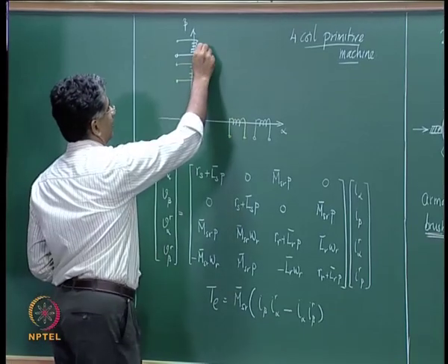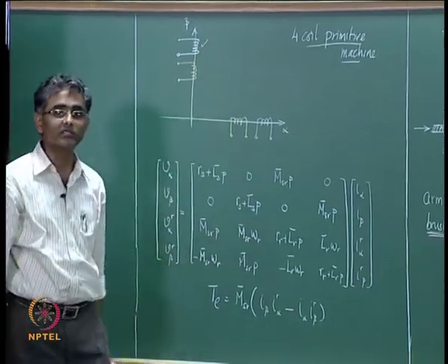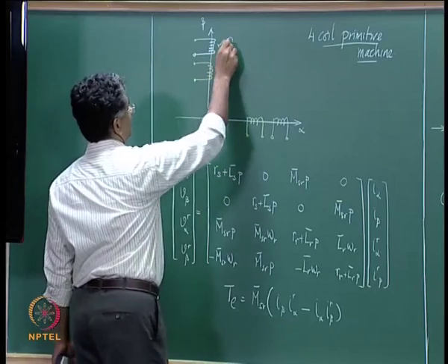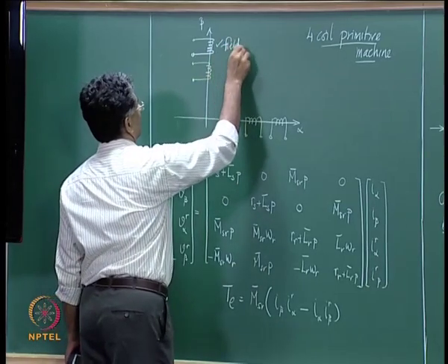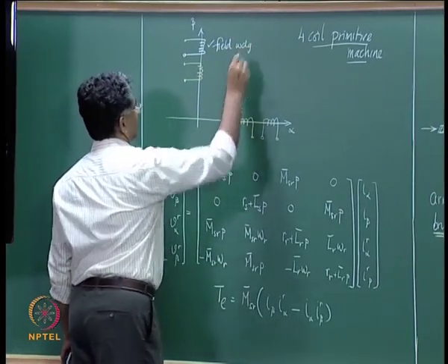You have the stator which is having the field winding. So, this now becomes the field winding of the DC machine.